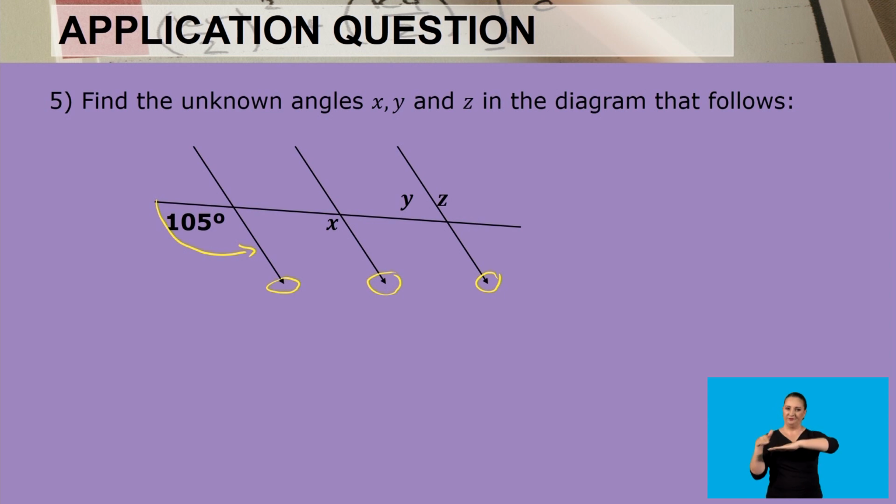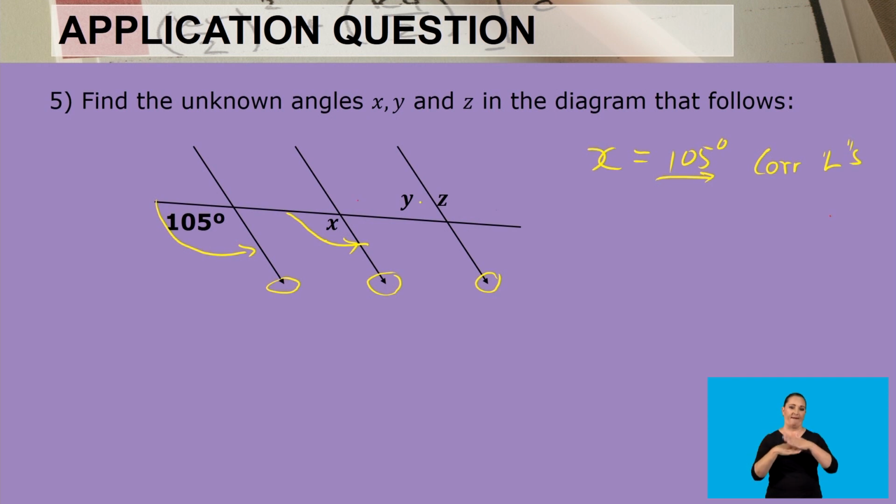However, when we look at that angle and that angle there, we realize that they correspond because they are sitting in the same position, which is below the transversal and on the left-hand side of the parallel lines. Therefore, angle X equals 105 because the lines are parallel, and they are referred to as corresponding angles.